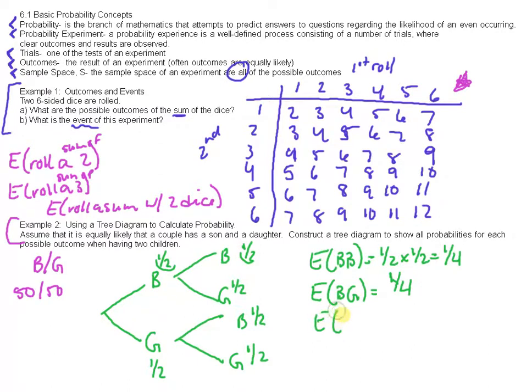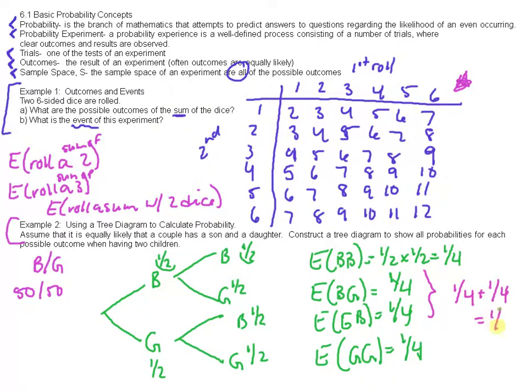Event of girl-boy, this is 1/4, and the event of girl-girl is again 1/4. Generally, if you're asking what's the probability of having a boy and a girl, then this is just 1/4 plus 1/4 because it's two different cases, and it equals 1/2. But that's a little bit more in depth than this question is asking. I just want you to see the all-around picture.